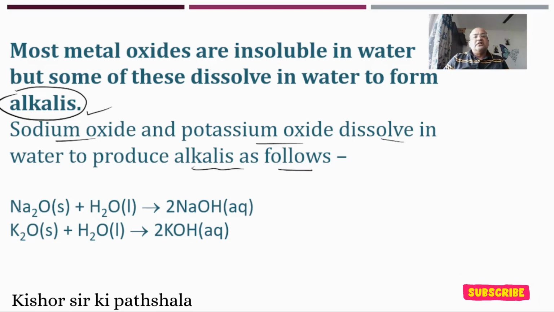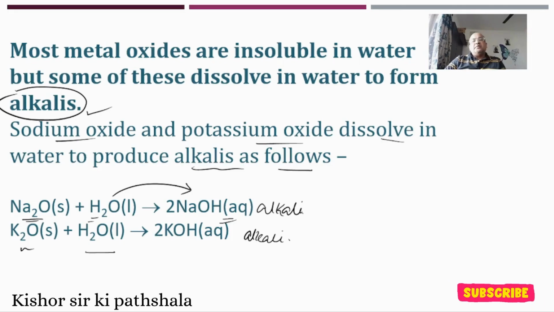Na2O, that is sodium oxide, dissolves in water to give sodium hydroxide, which is an alkali. Potassium oxide with water gives potassium hydroxide, which is an alkali.